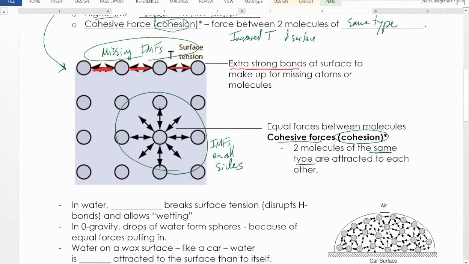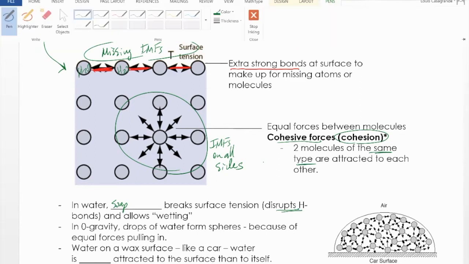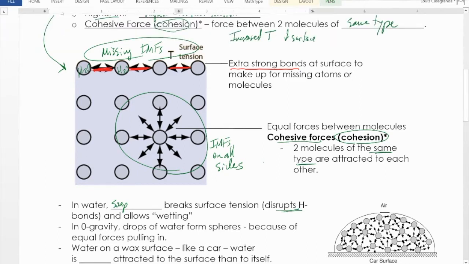If we want to break that surface tension, we can put in some soap. What soap does is soap gets in between the hydrogen bonding of water molecules. So if you picture water molecules up above, suppose each of these is a water molecule, what you can do is put soap in. And soap is this strange structure. I'm not going to bother you with the structure. I don't want you to worry about what the structure is. But essentially, soap will get inside here, and it breaks the surface tension.